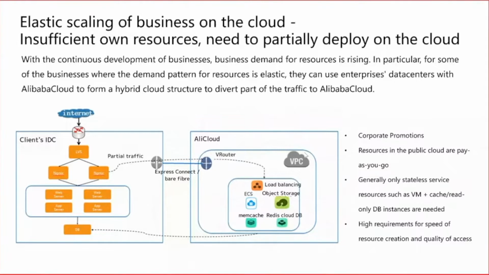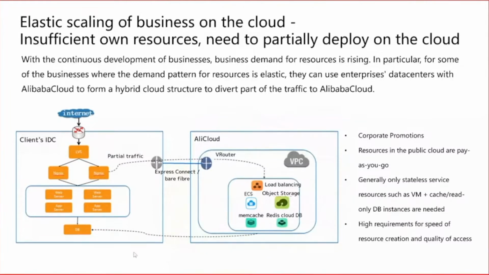When the promotional activities are completed and the demand for cloud computing resources goes down, they can release the resources and scale down. The hybrid cloud architecture is thus very suitable for scenarios with sudden increases and decreases in demand for cloud computing resources.